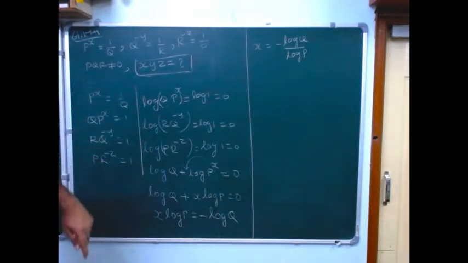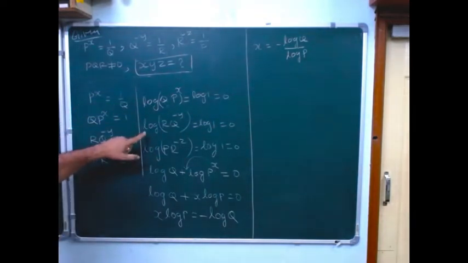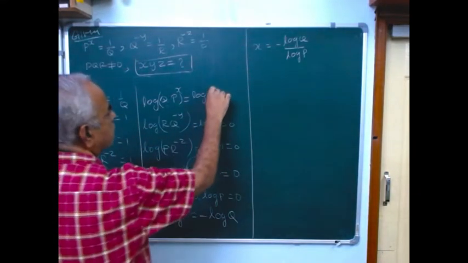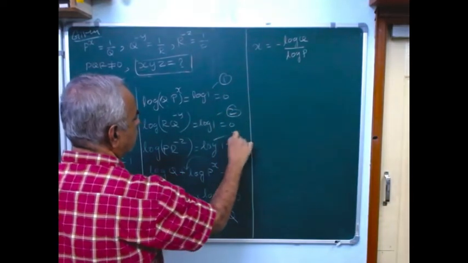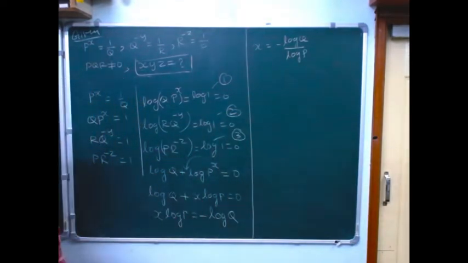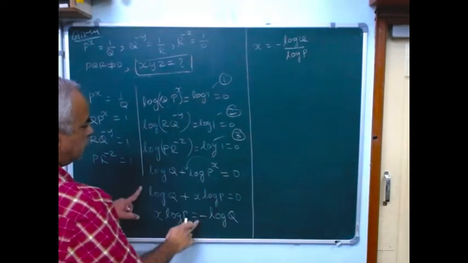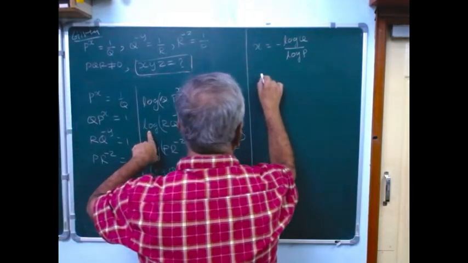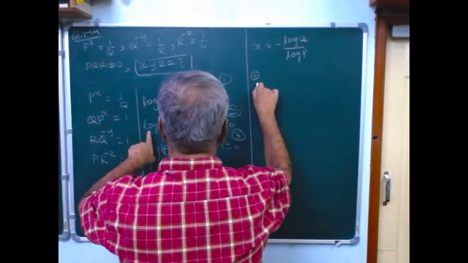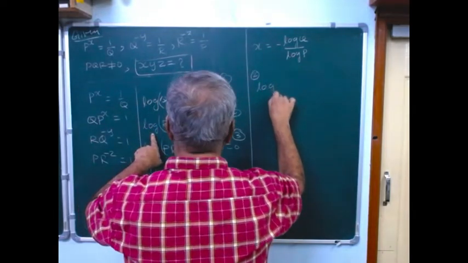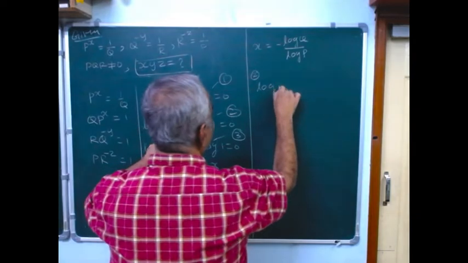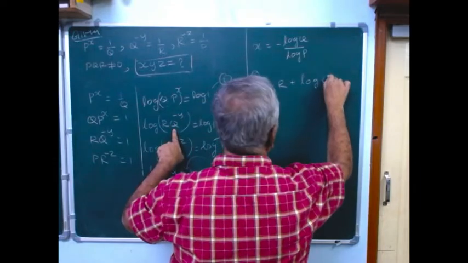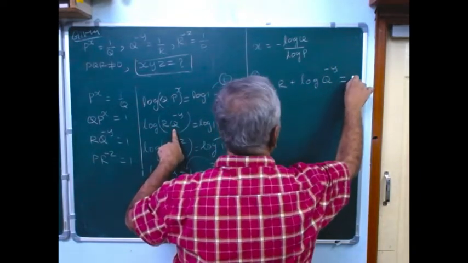And similarly, you can work out y. Right? Now we have y. You can take the second equation. This is equation 1, equation 2, equation 3. I have taken equation 1 and rearranged all these things. Now let me take up equation number 2. What is that? Log. So this is equation number 2. Based on that, I am rewriting log of, now you can apply the product rule here, log r plus log of q power minus y is equal to 0.